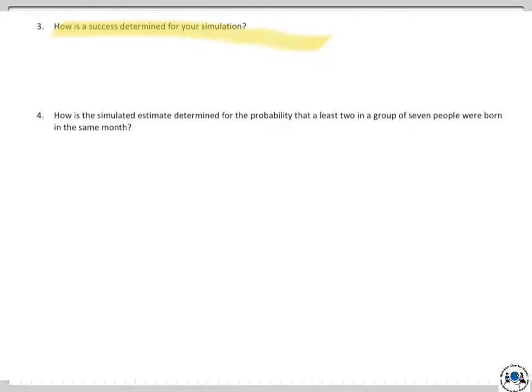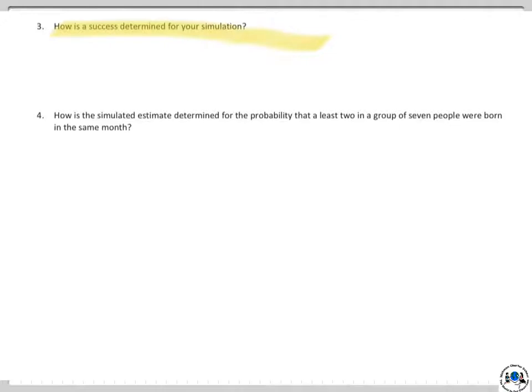We are trying to figure out the probability in a group of 7 of there being multiple people born in 1 month.